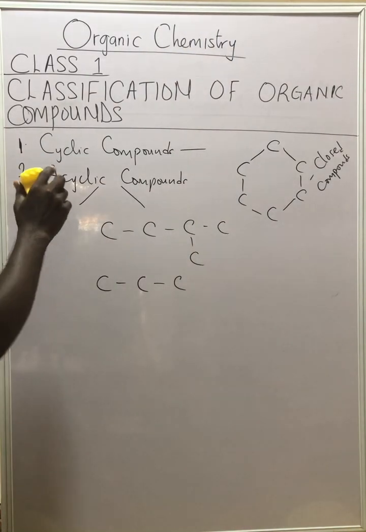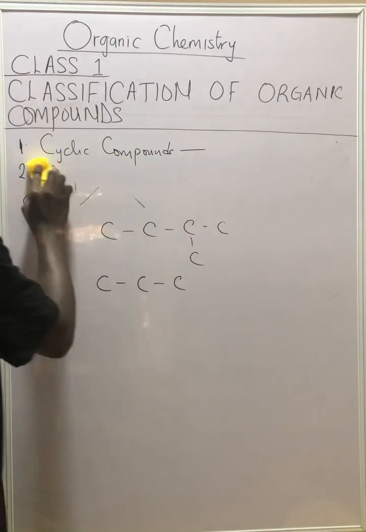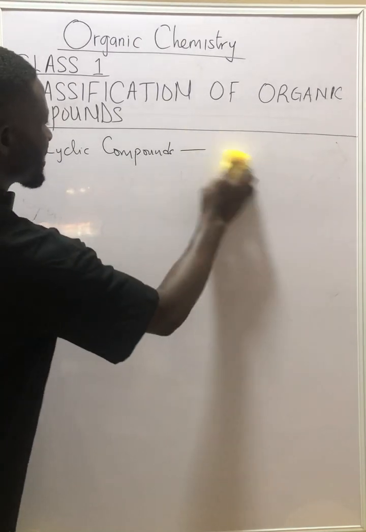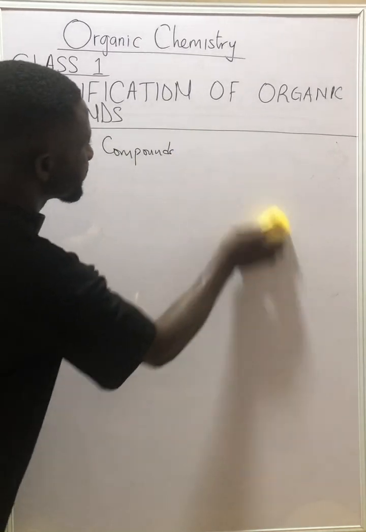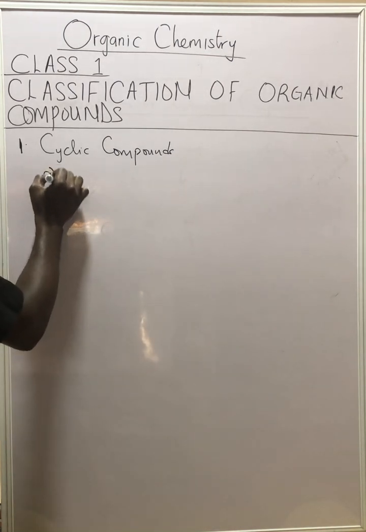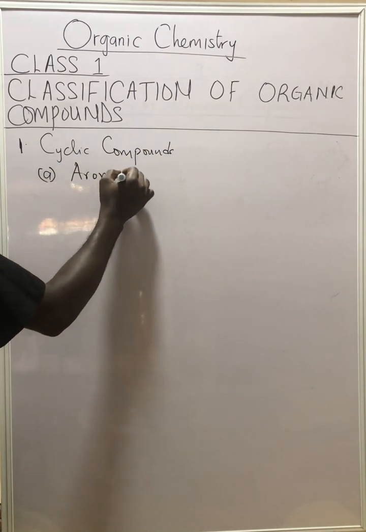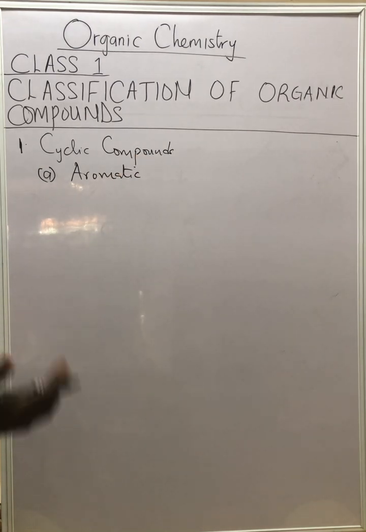So if we have cyclic and acyclic, let's now look at the classifications we can get from cyclic. What I know is that cyclic compounds can be had in various ways. For instance, cyclic compounds can be aromatic.